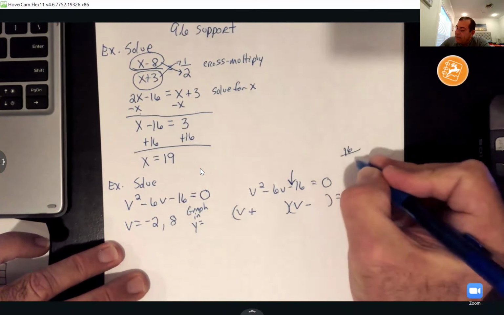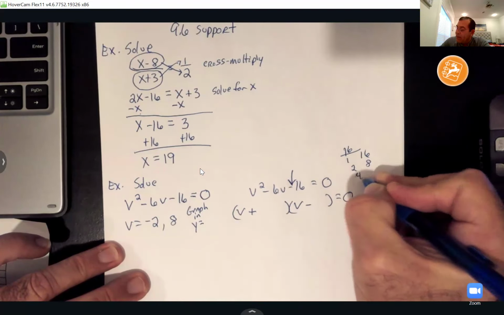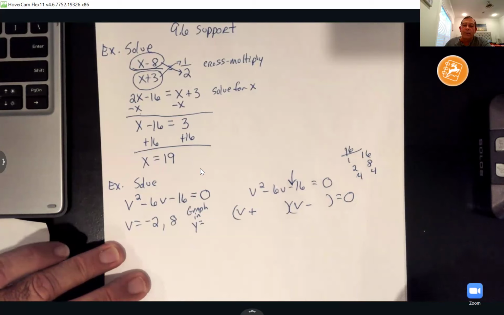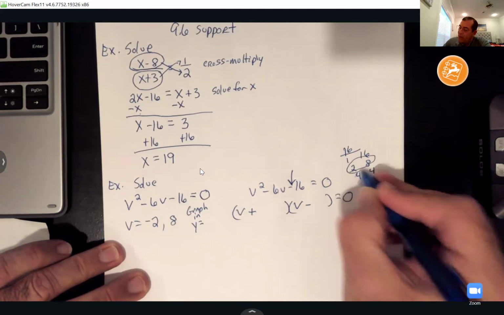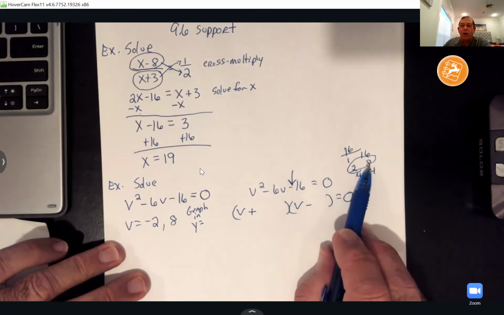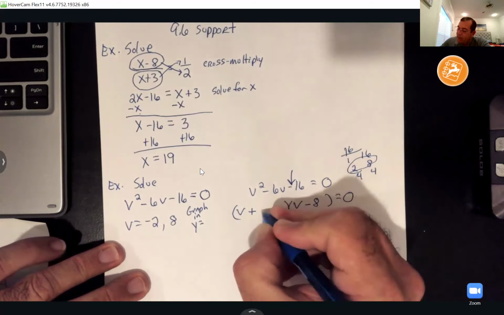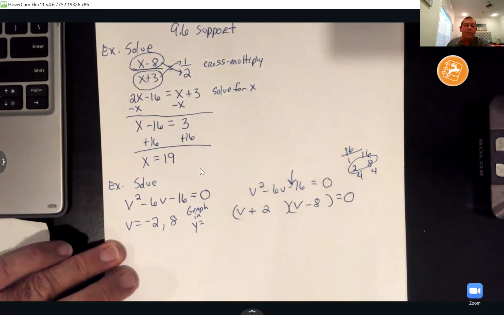Well, let's see. 16 is 1 and 16, 2 and 8, 4 and 4. So the ones I needed were 8 and 2. Since you got unlike signs, the larger factor has to be negative like the middle, and then the 2 would be positive.